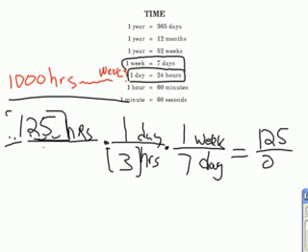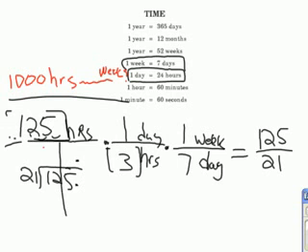3 times 7 is 21. Now I can just divide 21 into 125. Let's see, 21 doesn't go into 1 or 12, but it does go into 125. It goes into 125 5 times.